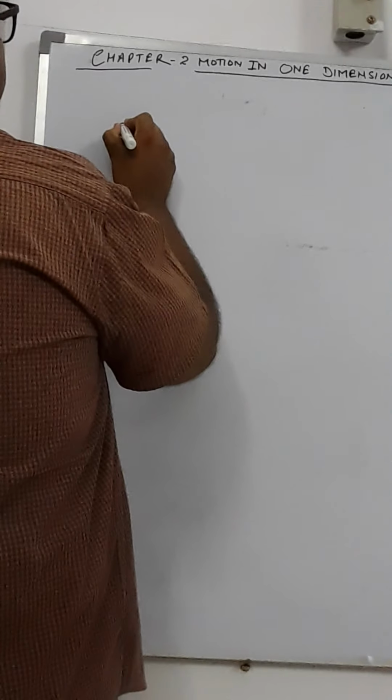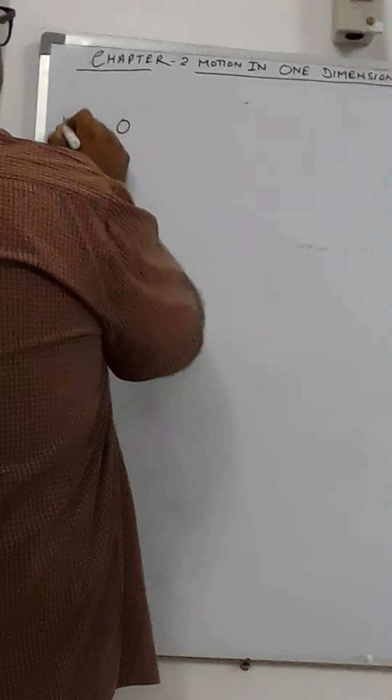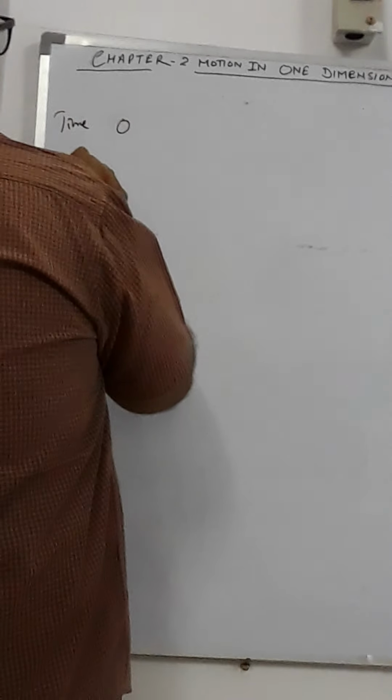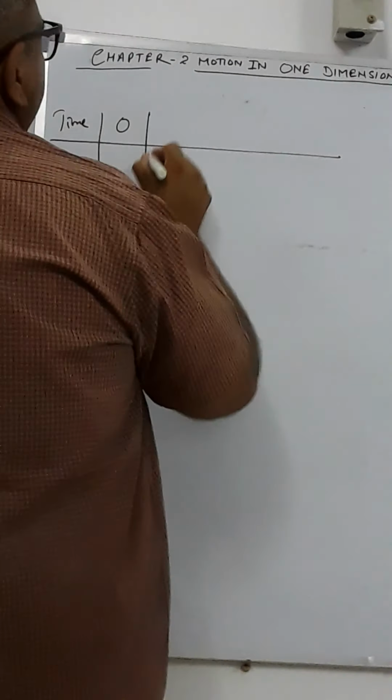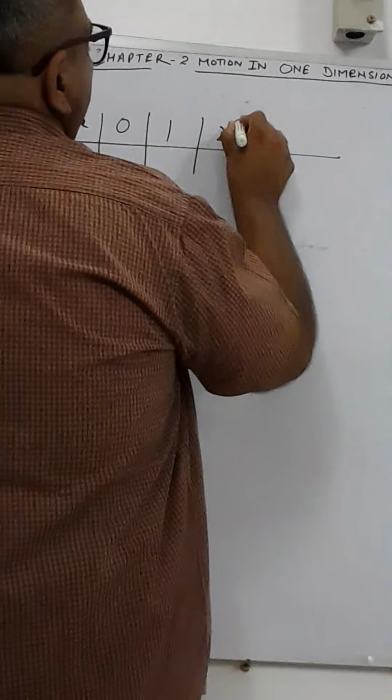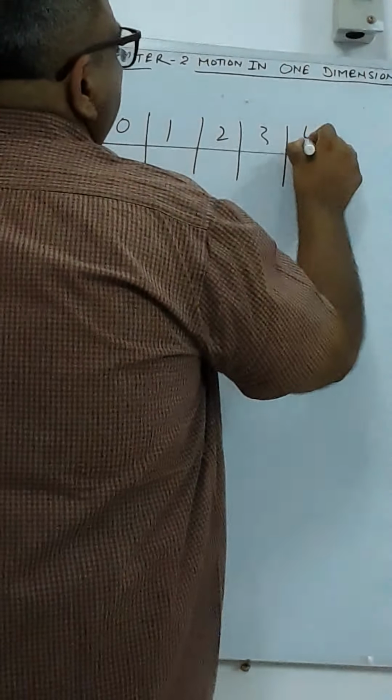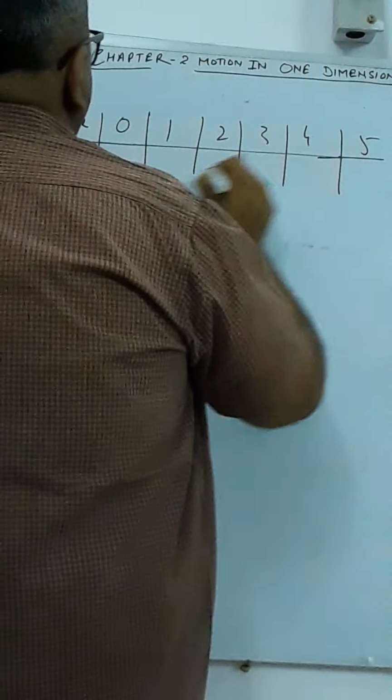Look here, time 0, and this is the displacement in meters. They have made a table like this: 1, 2, 3, 4, 5.